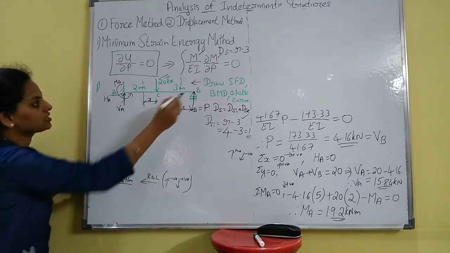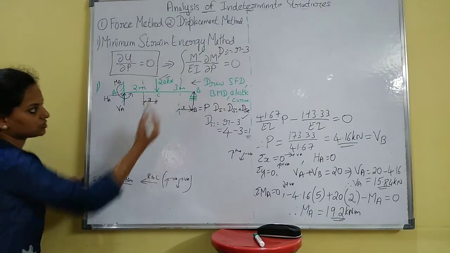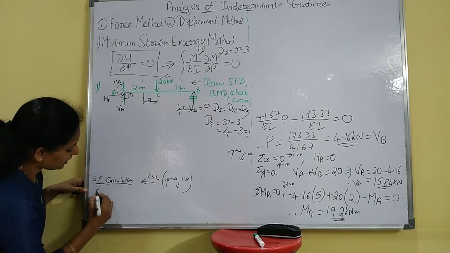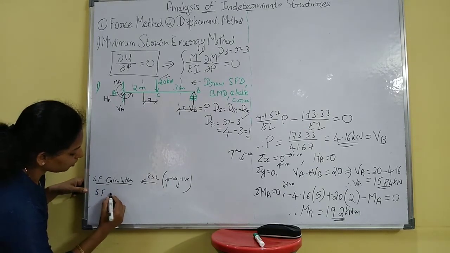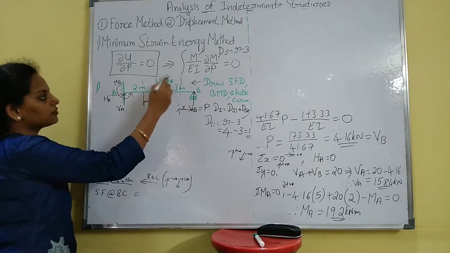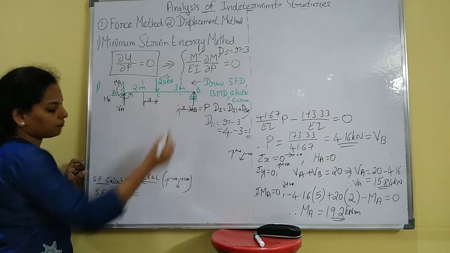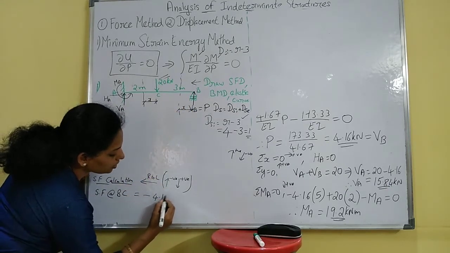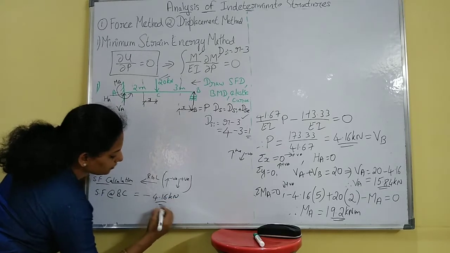Okay. So first consider this. You can consider this whole left of A, right of B for your simplification, or you can directly write for the point load. Shear force at region BC: you have this region, so it is upward, so minus VB, that is 4.16 kilonewton.